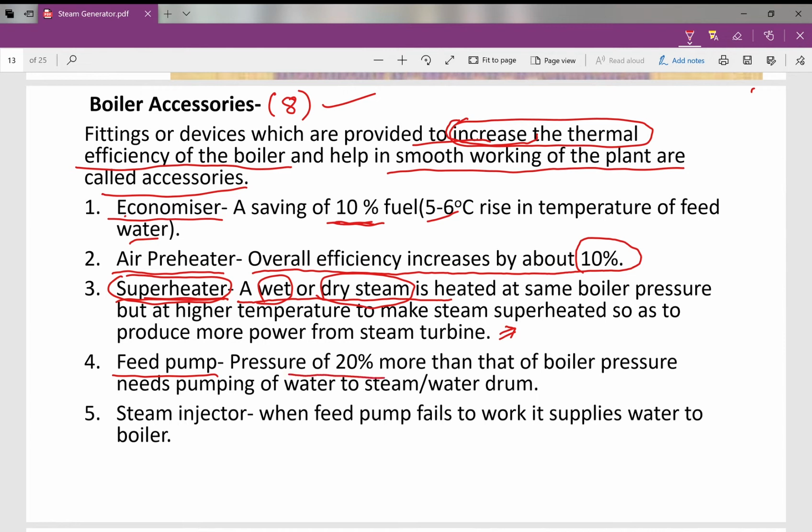That steam is accumulated at the top of the water drum or steam drum, to which a pipe is connected via the feed check valve and connected finally to the feed pump. So that feed pump should always have 20% more pressure than the boiler pressure. So the feed pump is considered in accessories.